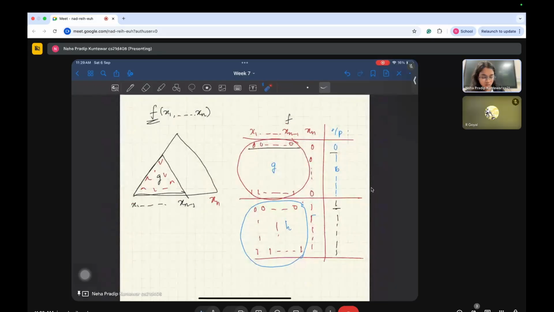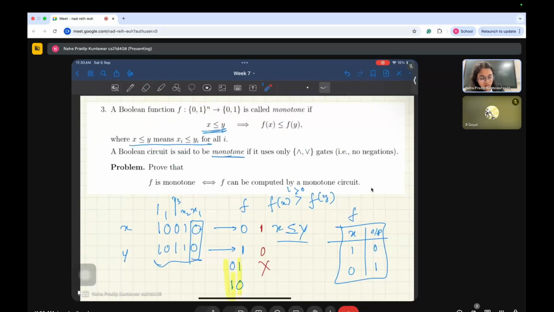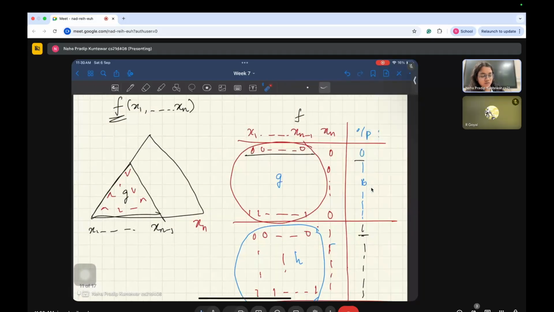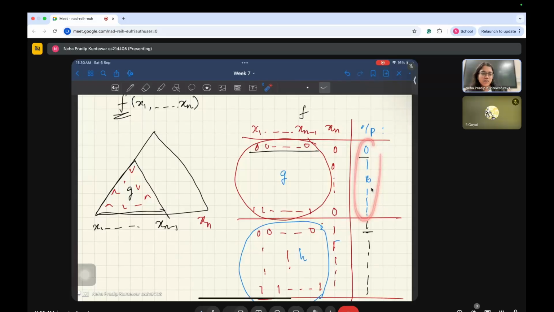I'm not computing it, but what we are given as input is a function from n bits to 1 bit. Oh, I see. Now I understood. So we will not need the exact values, we are just writing it in the form of a truth table.